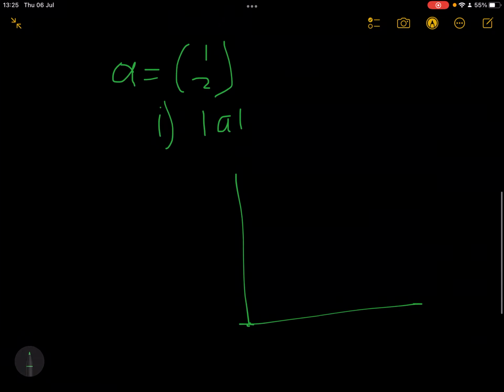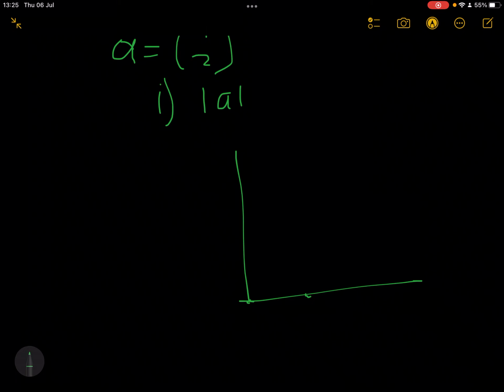You have (1, 2), so it is 1, and then it goes 2 units up. You have something like that there. The magnitude is just asking you what is the hypotenuse of this vector, or what is the displacement.